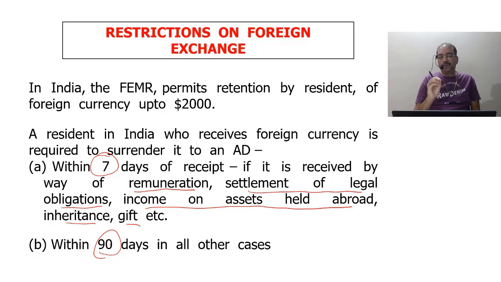Second, any resident who receives foreign currency by way of remuneration, by way of settlement of legal obligations, by way of interest or dividend on assets held abroad, shares held abroad, fixed deposit held abroad, any amount of foreign currency, inheritance, gift, should be surrendered to the AD within 7 days. Any other income other than this received by a resident in India should be surrendered within 90 days, that is 3 months.